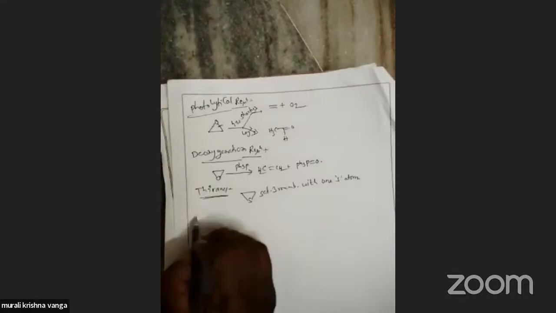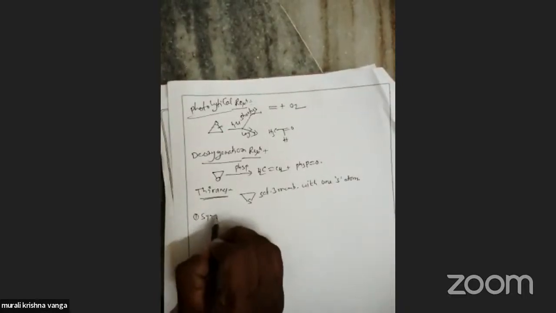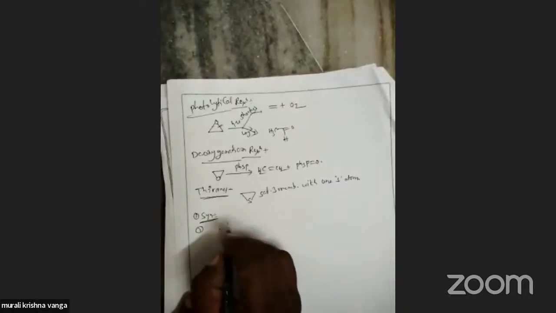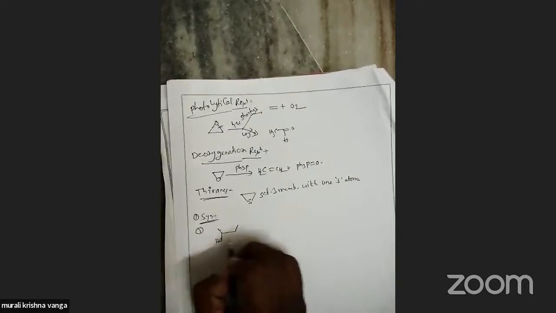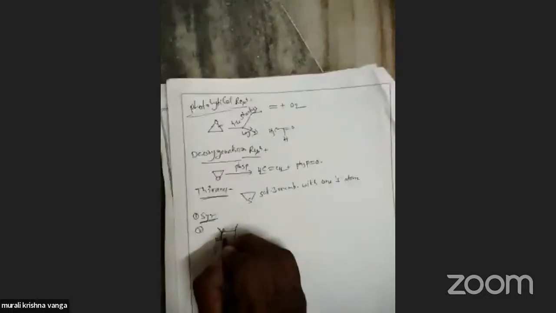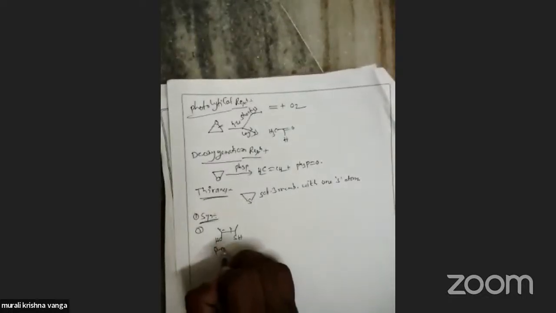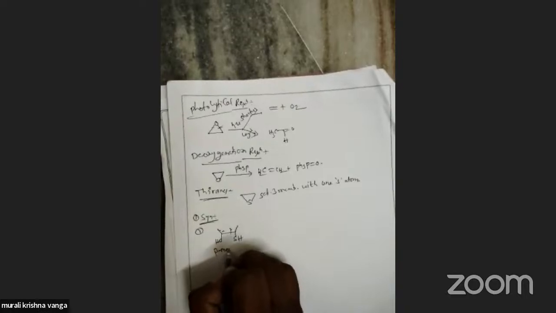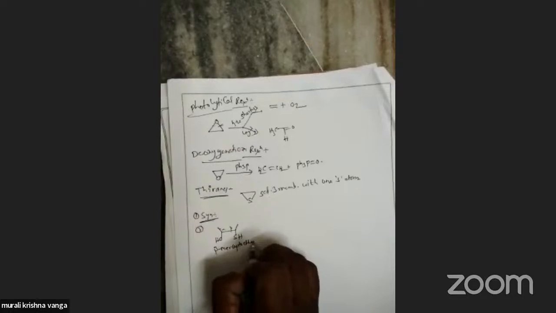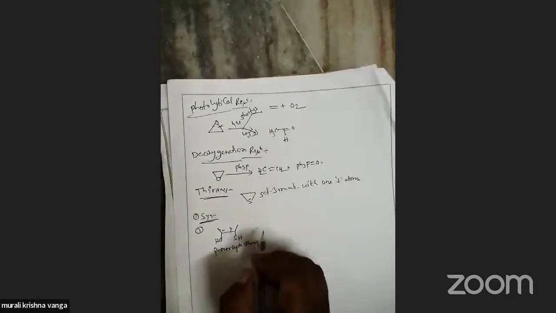Now, next one, synthesis of thiiranes from beta mercaptoethanol.